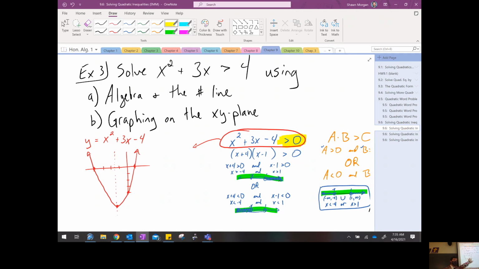Graphically speaking, what does it mean for our curve to be, quote, positive? What would be another way of saying my curve is positive on this particular part of the graph? What does it mean for a function's curve to be positive?